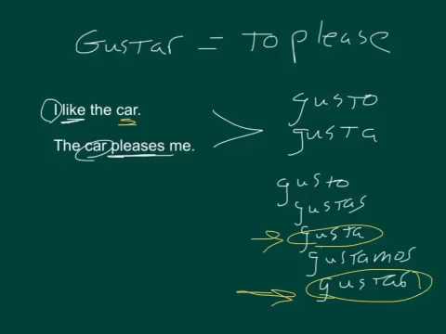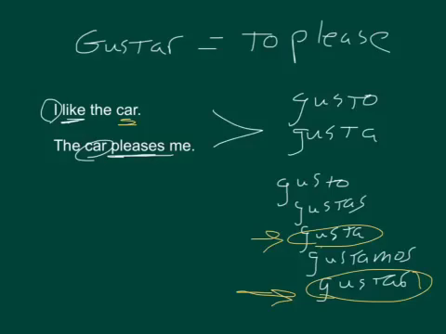So almost every single thing that you use is going to be gusta or gustan, and the reason for that is you say it pleases me or they please me. You usually don't say you please me or we please you or whatever. You can say those things, but usually it's just going to be gusta or gustan, right?